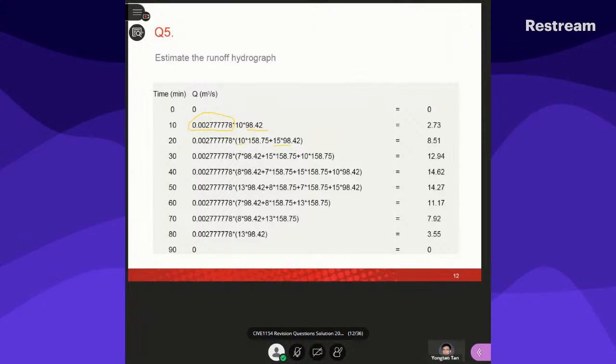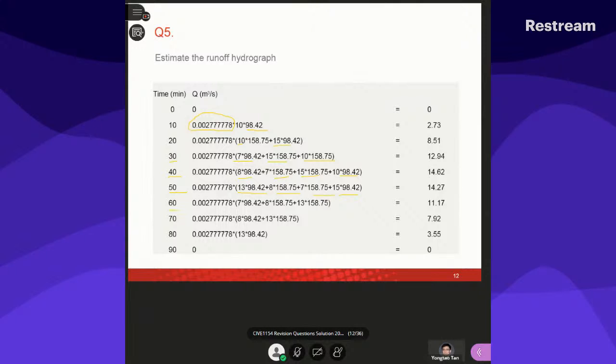For time 20 to 30, 3 areas contribute to the total runoff. For time 40 minutes, 1, 2, 3, 4 areas contribute runoff. For time 50 minutes also 4 areas contributing.